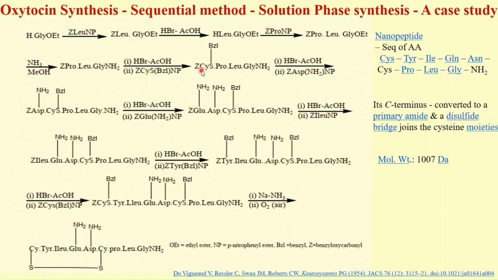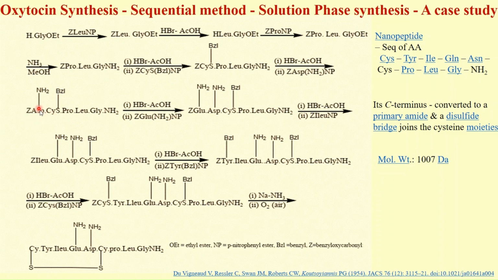The protecting group is removed by treating with hydrogen bromide and acetic acid, and the deprotected cysteine derivative is treated with asparagine, in which the amino group is protected, to give rise to the corresponding pentapeptide.